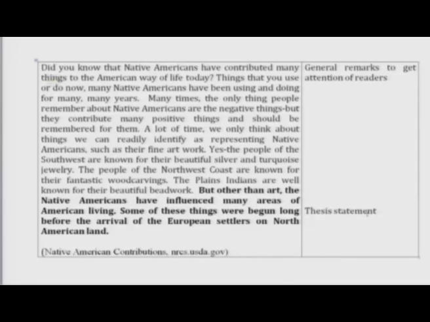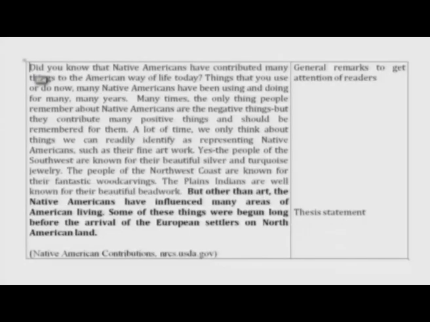So, what do you think is going to be there in the rest of the essay? Obviously, the essay is about Native American contributions. In particular, what is it going to be about? It is definitely not going to be about art, because it has said there are many other areas also.